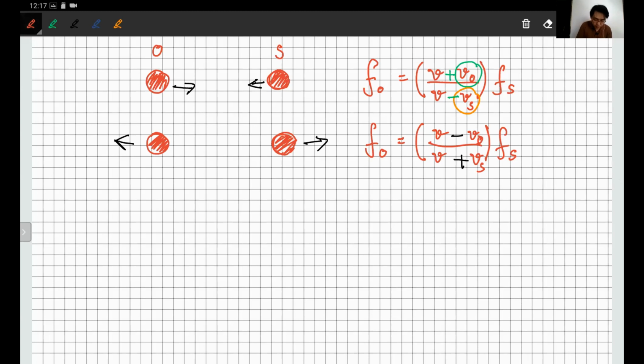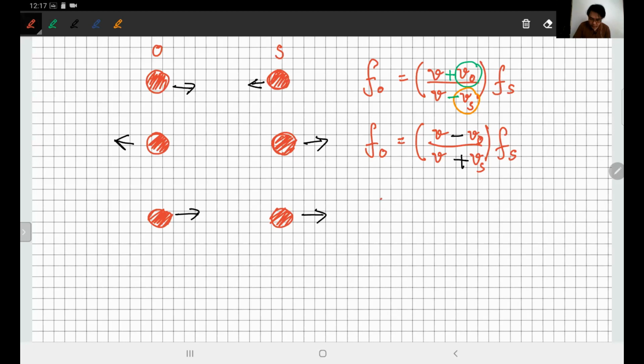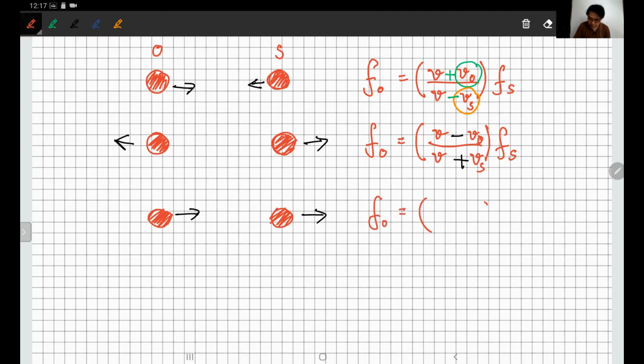We have 4 cases, of course. Let's finish those. So you will have the case when the observer is moving toward the source, but the source is running away. So what do you think will happen? Okay, so let me write out the main structure of the equation. It will look just like this all the time.